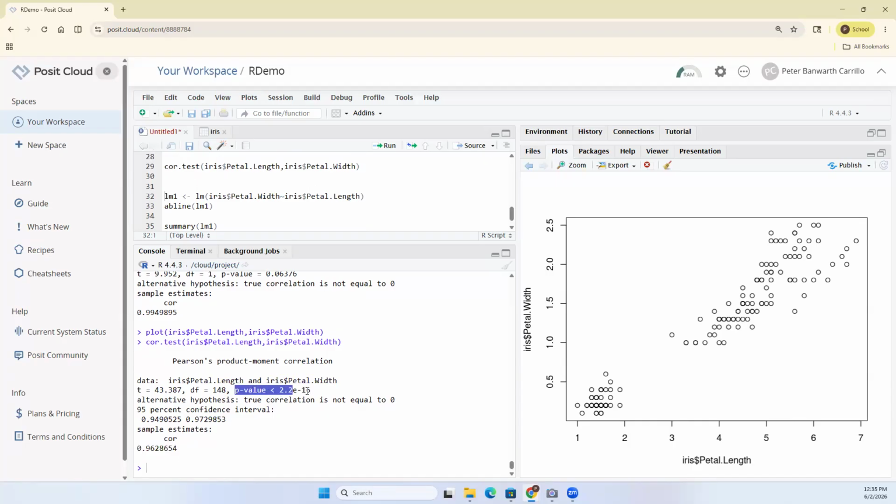And the probability of observing that correlation through random chance is 2.2 times 10 to the minus 16. That's basically 2.2 divided by 10 quadrillion, something like that, basically zero. So we can conclude that yes, there definitely is a correlation between these two quantitative variables.